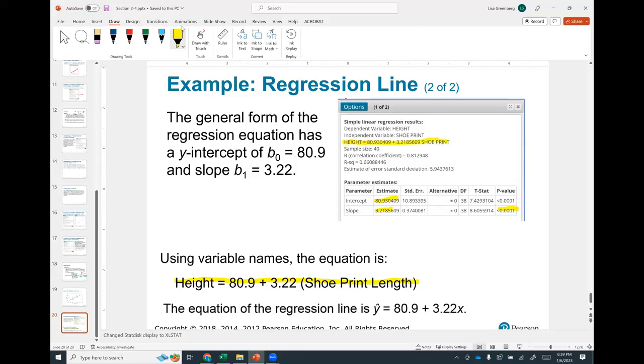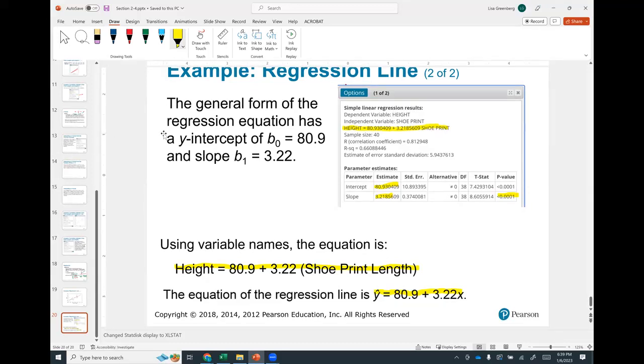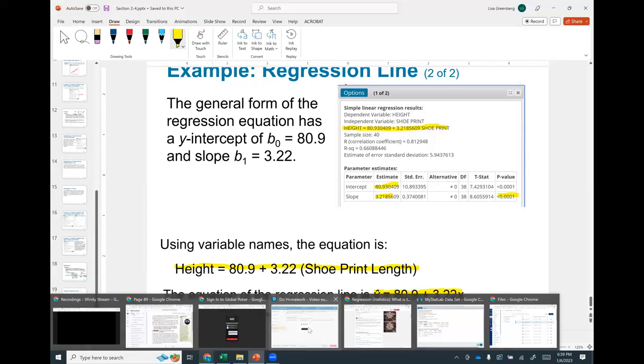And we can write the equation of the regression line as y hat equals 80.9 plus 3.22x. And that's really it. I mean, really, StatCrunch does most of the work for us, right? And that is actually the end. I do have one more problem though, so let's do that now.